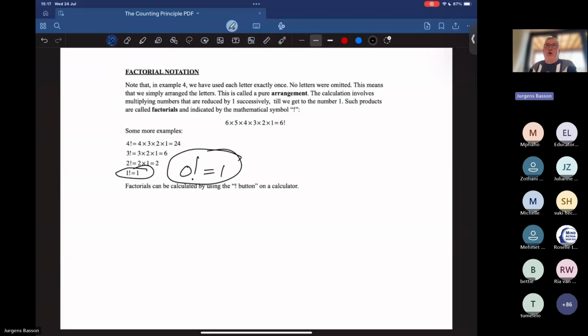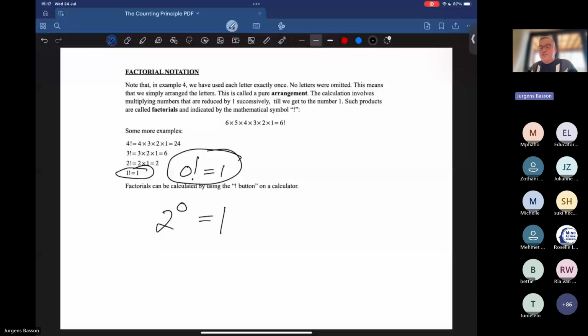But 0 factorial, you can't write as products. Like 2 factorial, you can write as 2 times 1. 3 factorial, 3 times 2 times 1. 0 factorial, you can't write as a product. Therefore, the answer is always 1. That's a principle that we have in mathematics. The same thing we get if you look at something like 2 to the exponent of 0, or 2 to the power of 0.